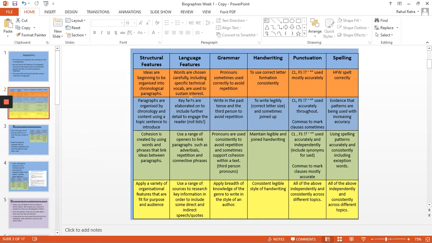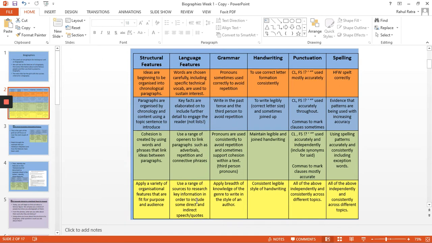And then we're going to look at language features. Now, the features that are very important are definitely a range of sentence openers. So not using the boring ones, always starting with he or she. Then we will be looking at adverbials, where, when, how, and also connective phrases.